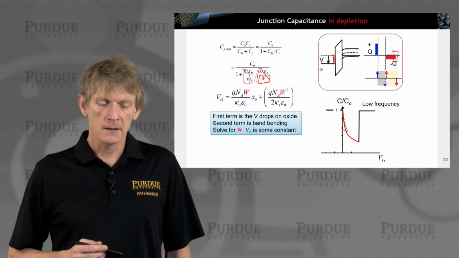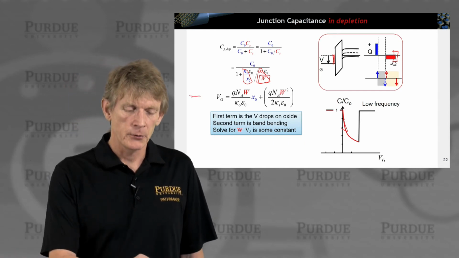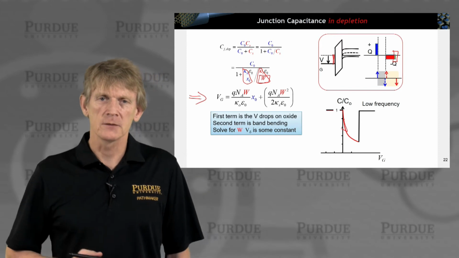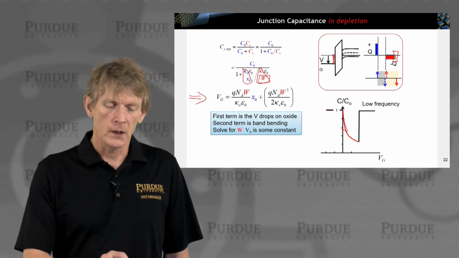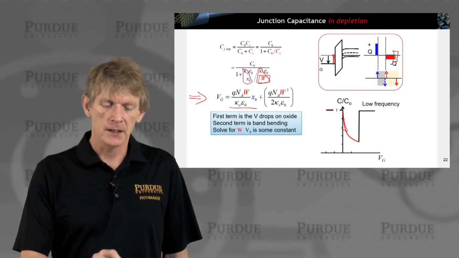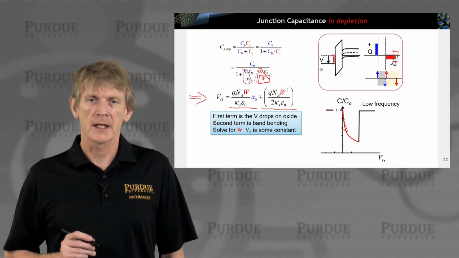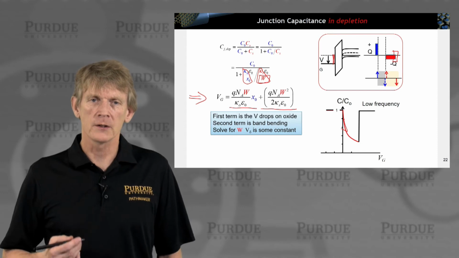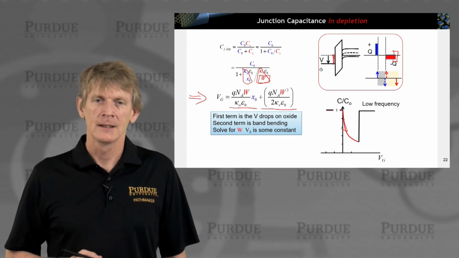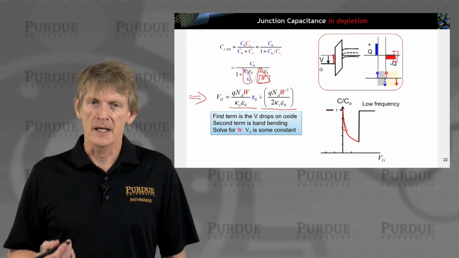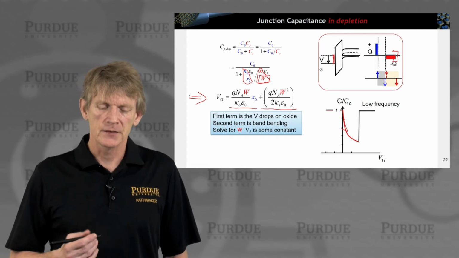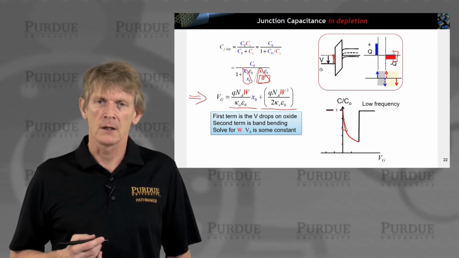The expression here is a representation of the total potential that is being dropped. So we know one component drops over the oxide, the other component drops over the semiconductor. We have calculated these expressions over and over again in the PN junction, and the BJT, and the HBT, and so these expressions should look familiar to you now.